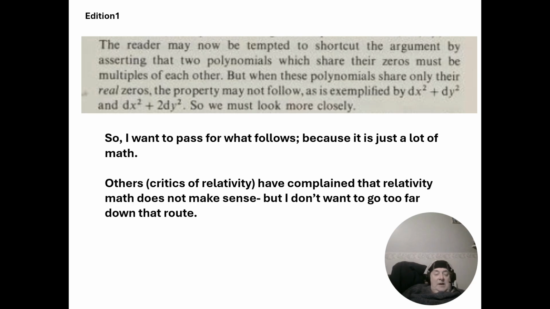Other critics of relativity have complained that the relativity of mass does not make sense, but I don't want to go too far down that route. I pointed out the issue of what's being said doesn't make any sense. And so the next issue is the maths doesn't make any sense, but that's been dealt with by other people.